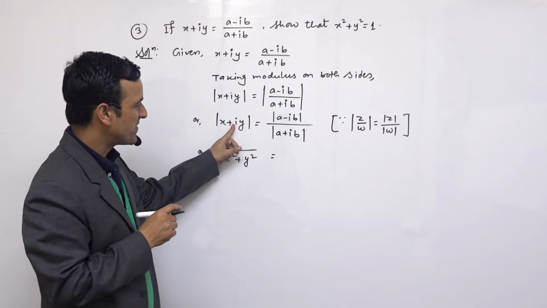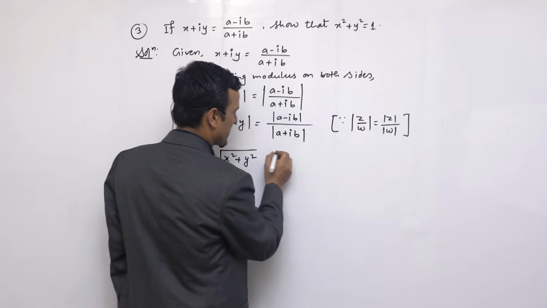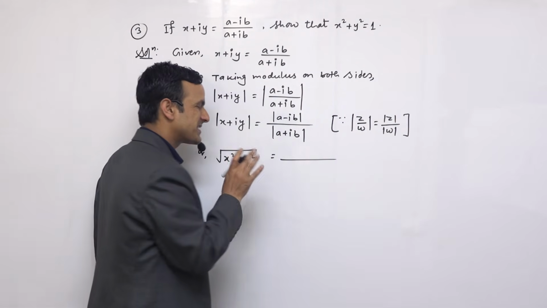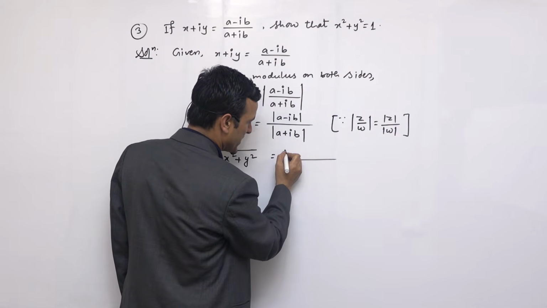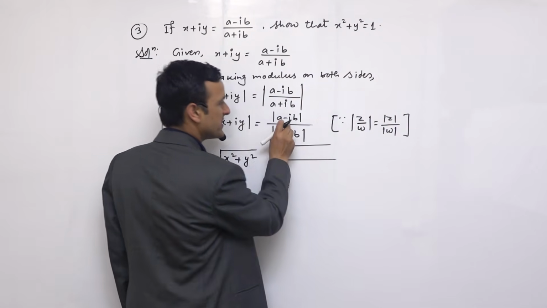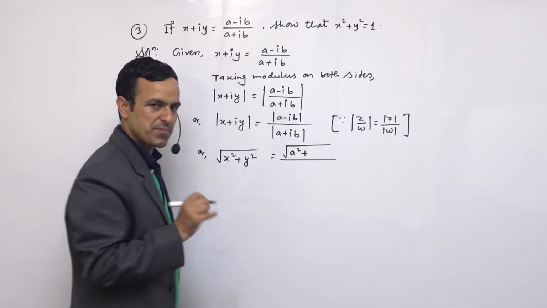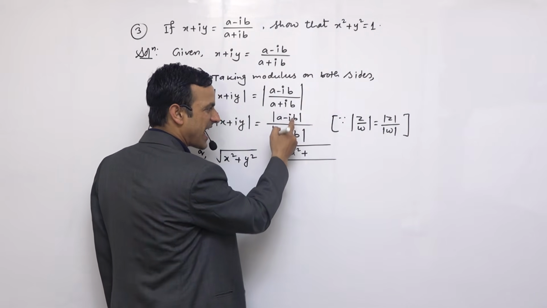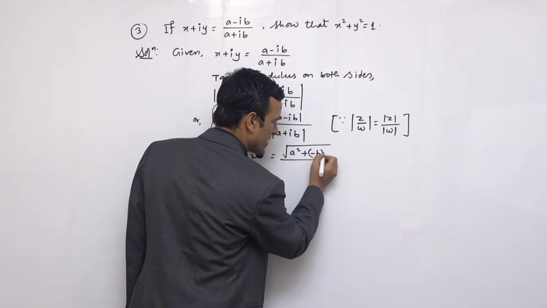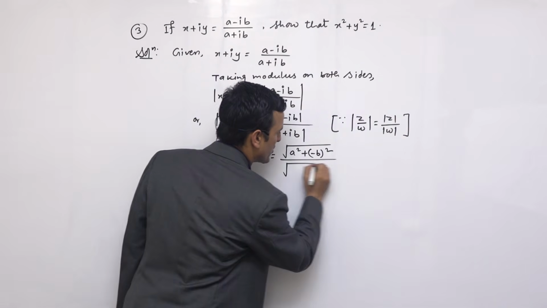So by definition or by using the property, this term becomes like this. Similarly, if we use the absolute value of this one, then this term will be real part square plus imaginary part, the coefficient of i is minus b, so write down minus b whole square.